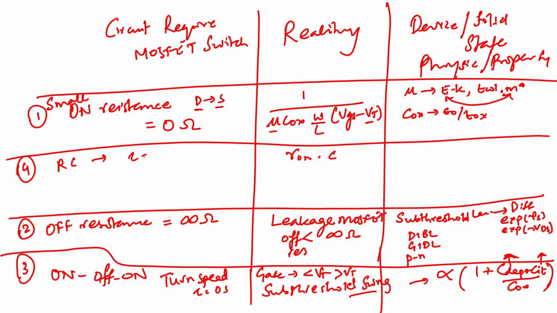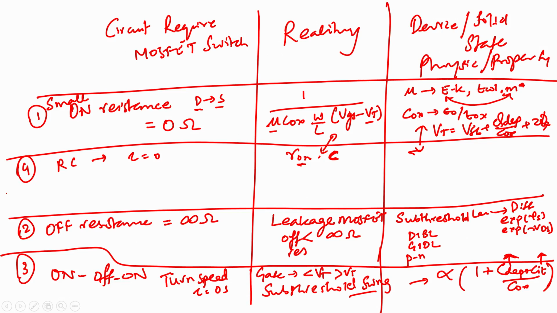We would ideally like it to be 0, but it is not going to be 0, it is going to be R on into capacitance, and we have already defined what R on is. So it's the same answers there. And is there anything else? So these are the key parameters.